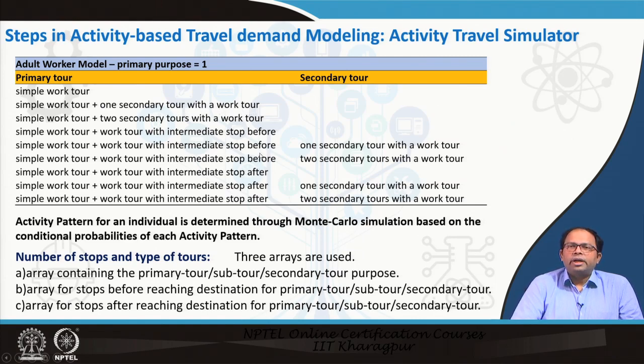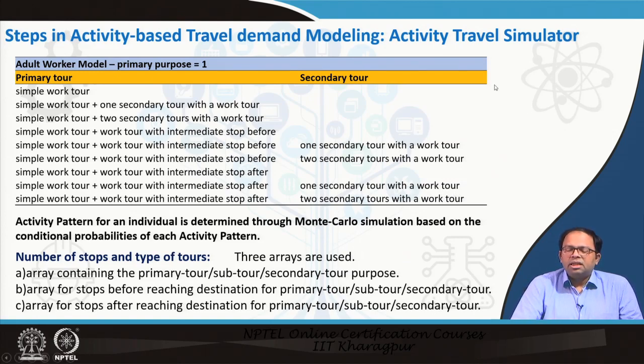For that, you have to revisit this lecture once you have covered module 12. Usually a person does a primary activity, then there are discretionary, secondary activities during an entire day. So this is why these are considered. He can also do a simple walk tour plus a walk tour with intermediate stops and plus one secondary tour with a walk tour. These are the different possible combinations.